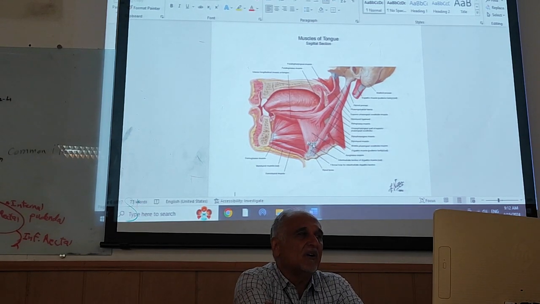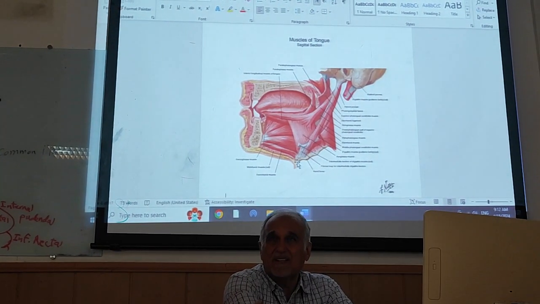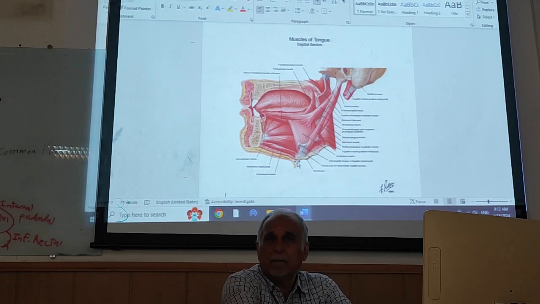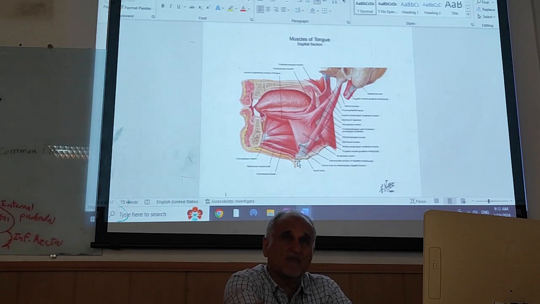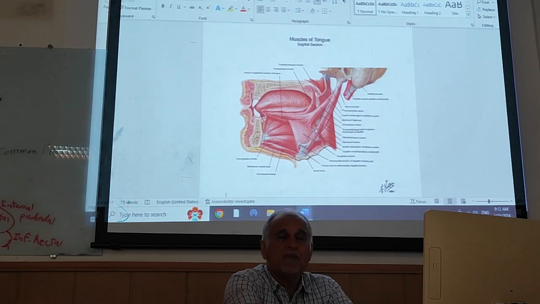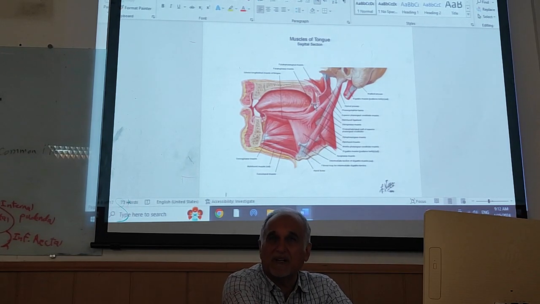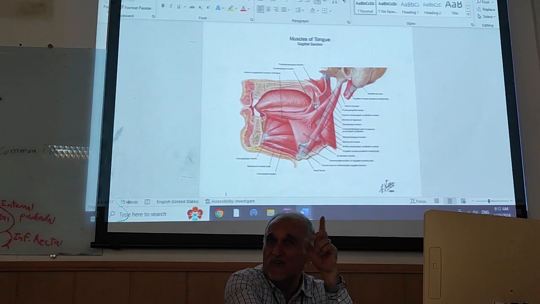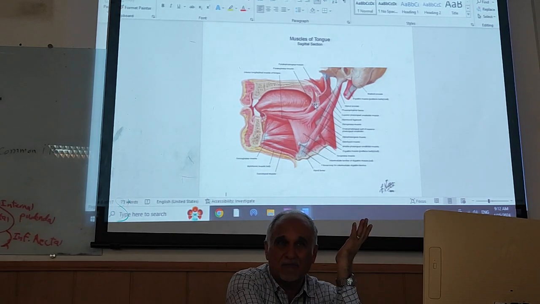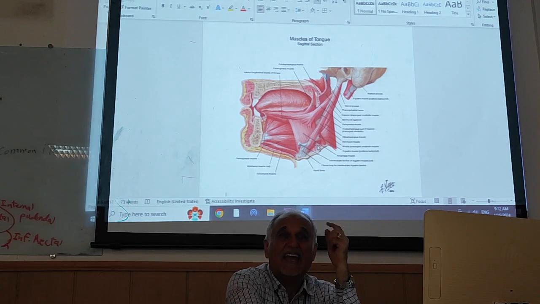And all of these muscles are innervated by the hypoglossal nerve. No, facial for the taste buds. Hypoglossal nerve, with just one exception, the palatoglossus, because palatoglossus is one of the muscles of the soft palate that I mentioned before.